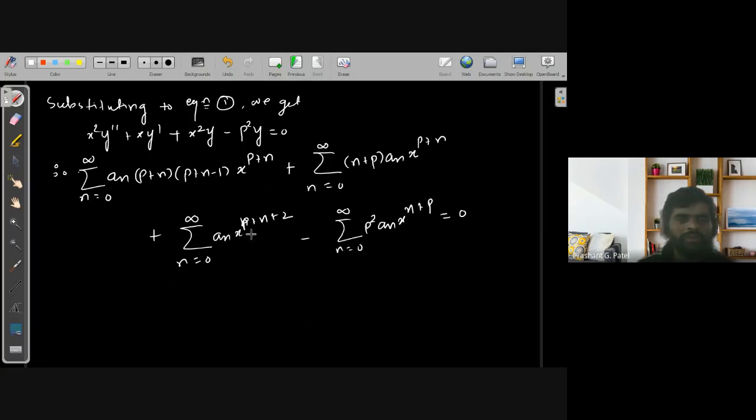Now in these summations, if I want everything to have the same power of x, then I want to change the index of this summation.